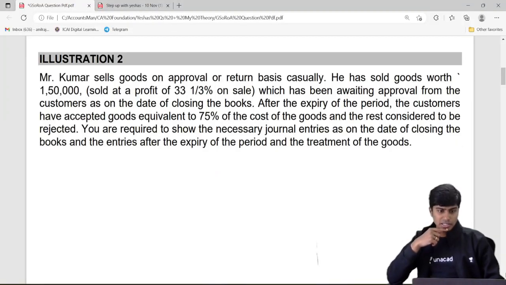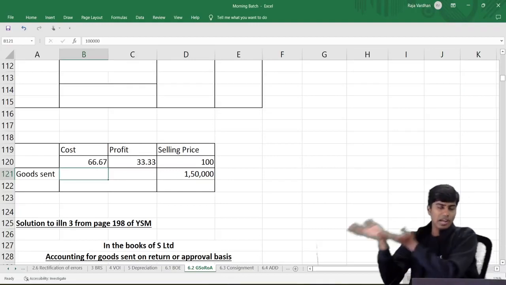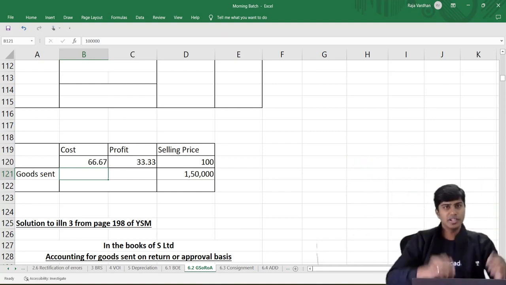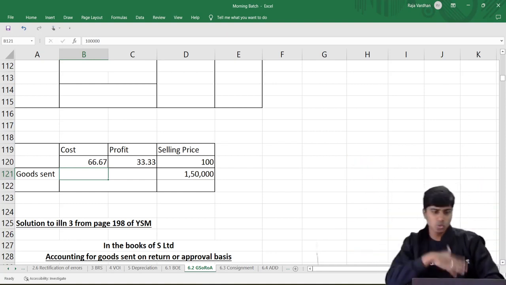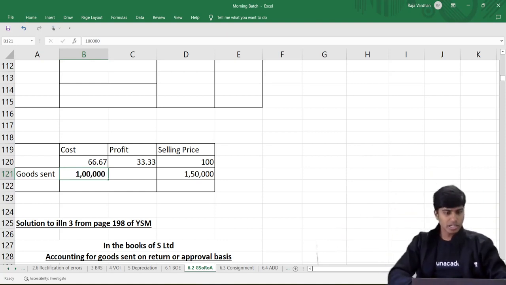Can we find how much is the cost? Very simple. 1,50,000 into 66.67 divided by 100 and you will get it. Or you can also do 1/3 on sale, 1/2 on cost basis also. It would work. So here I am getting 1 lakh.